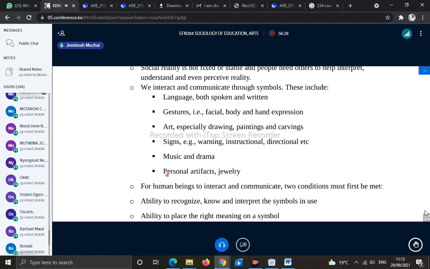Personal artifacts and jewelry. Personal artifacts. For example, when you go back home to your family's archive, you may find a letter your dad wrote to your mom when they were courting. That is called personal artifacts, things that can be kept as a reminder.